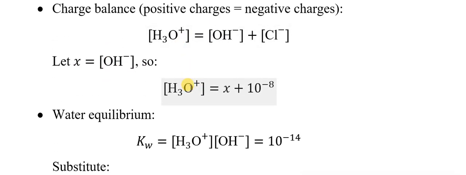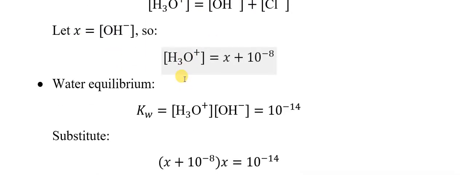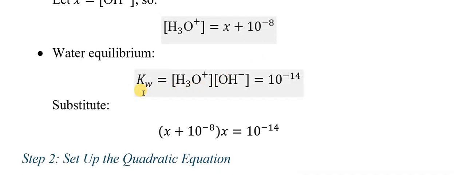If we put the value of X in the above equation, the new equation is hydronium ion is equal to X plus 10 to the power minus 8. And we also know that at equilibrium water dissociates into hydronium ion and hydroxyl ions. Kw is equal to the concentration of hydronium ion multiplied by the hydroxyl ion, that is equal to 10 to the power minus 14.